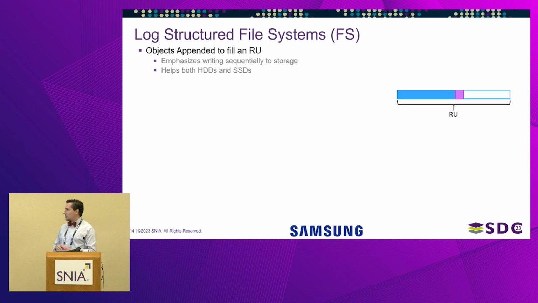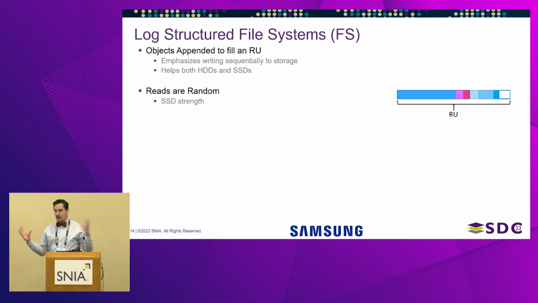But overall, these log structured file systems are really common in the ecosystem because it's an advantage for both HDD and SSD to write sequentially. So as the objects are written, they're appended onto an RU using an RUH handle, and it just continues to fill up sequentially. Of course, because these objects are written and appended at the end, the reads are going to be random. This is a strength for SSDs, so we're good with that. We aren't too worried.